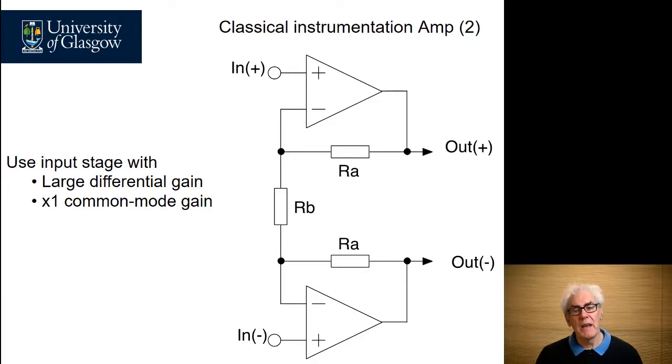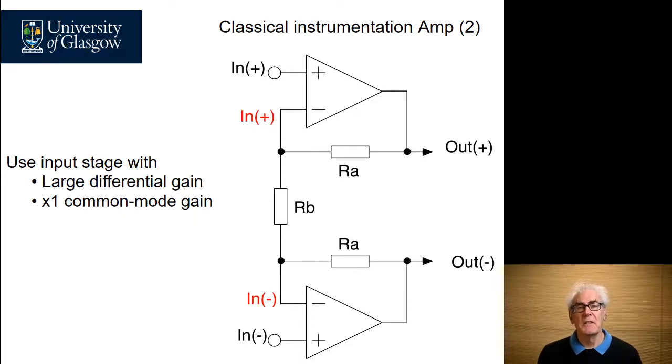By increasing the gain by applying the resistors around the buffer amplifiers, we can actually configure a circuit that has a large differential gain, but remains to have a low common mode gain, in fact only ×1, and this is beneficial for our instrumentation amplifier performance.